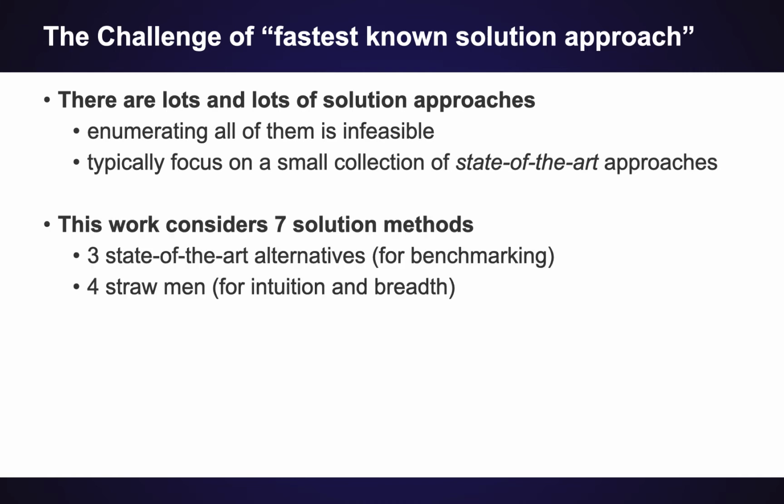This work considers 7 solution methods, 3 of which I would consider state-of-the-art alternatives for benchmarking, and 4 of them are more like straw men to give some intuition for how different approaches might work and provide breadth, because we don't want some particular algorithm class to have very high performance and we just miss it.